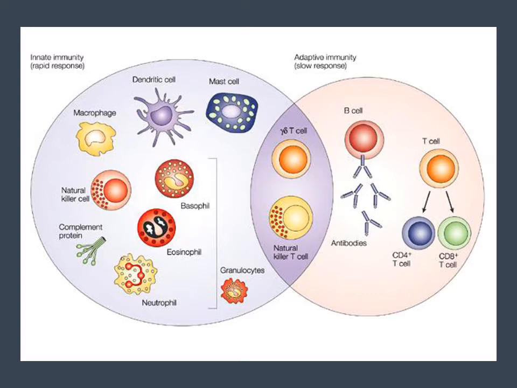Okay, so these are the two systems of the immune system, the innate immunity and the adaptive immunity. And when I think of the innate immunity, I'm really thinking of macrophages and neutrophils. Now, some of the other white blood cells are involved there as well, the eosinophils and the basophils, and of course the mast cells, since they release histamine.